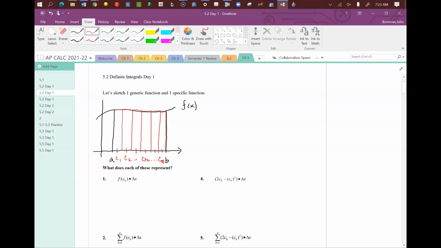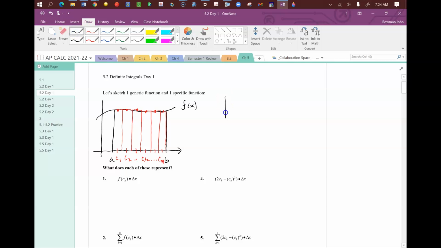And that will be used to find the height of the rectangle, by plugging those C values into the function. And those C values can be anywhere within each of those rectangles.